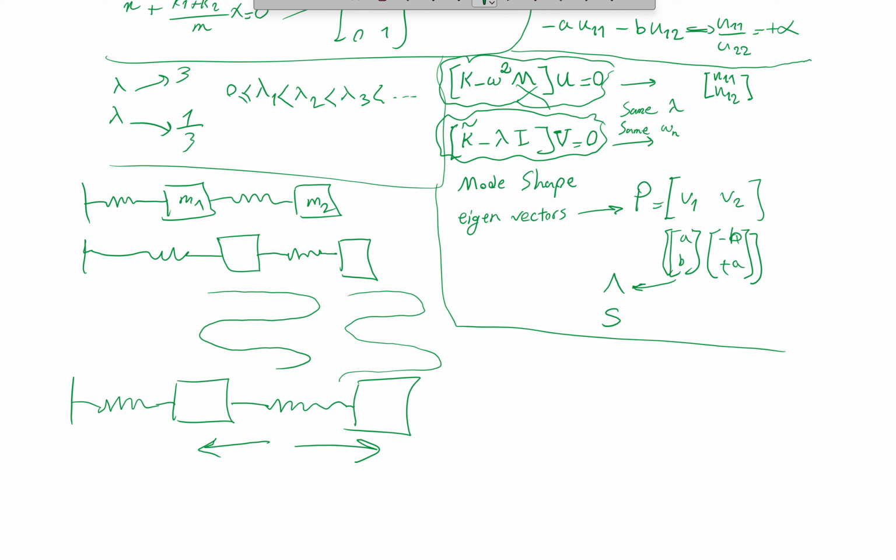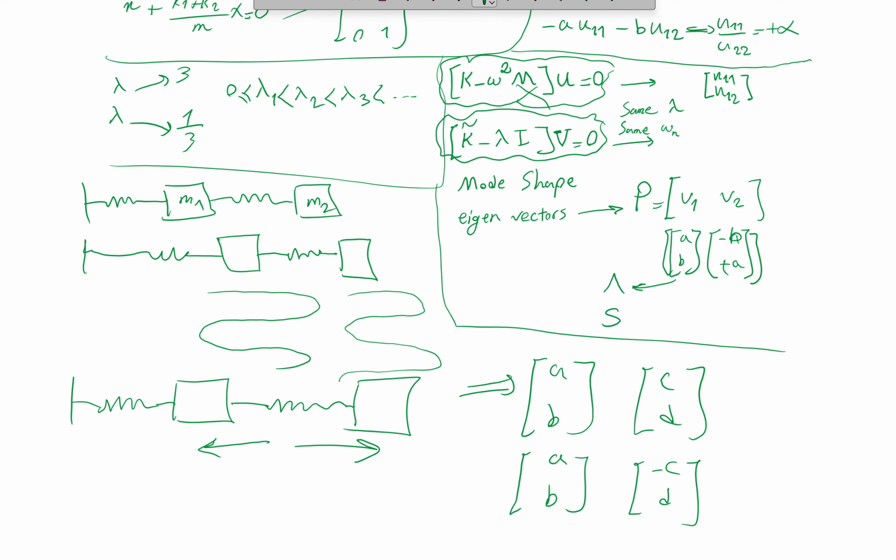Knowing this, we should expect that our mode shapes should not be like a, b and then c, d, because both of them have positive ratios. In similar systems, what we expect to get from the mode shapes is something like a, b and then, let's say, minus c, d.